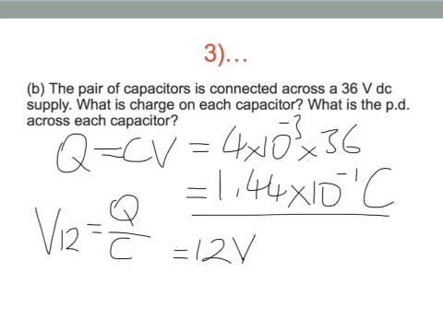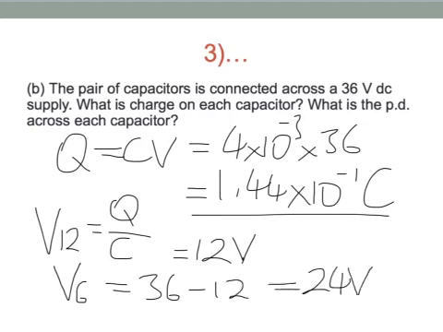That's nice, isn't it? 12 volts across a 12 millifarad capacitor. That leaves the remainder of the 36 volts for the other capacitor, the 6 millifarad capacitor, therefore has 36 volts take away that 12, or 24 volts. Now you could actually use that ratio again using 1.44 to the power of negative 1 and divide it by the 6 millifarad value. You get 24 again, the same final answer.